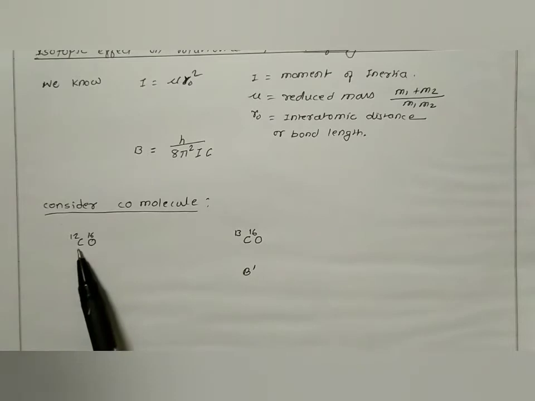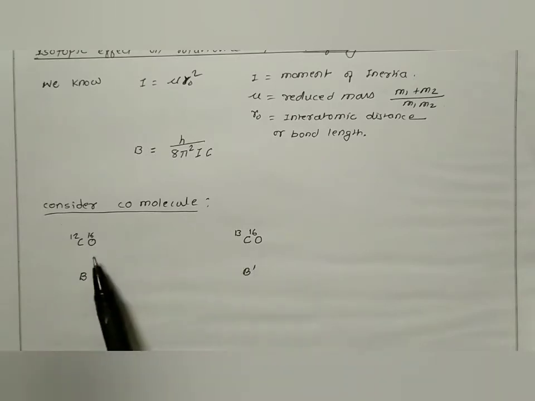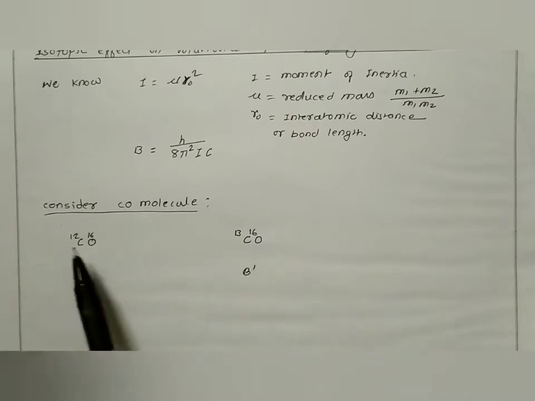That means this carbon and this carbon are isotopes. All the chemical properties of the molecule and the isotope-substituted molecule are the same.